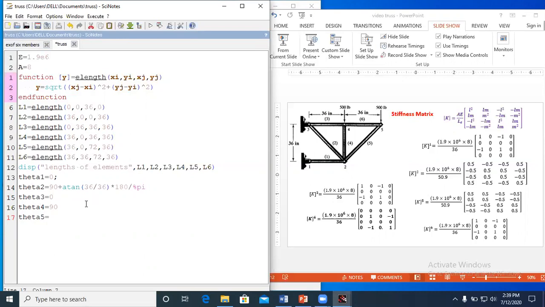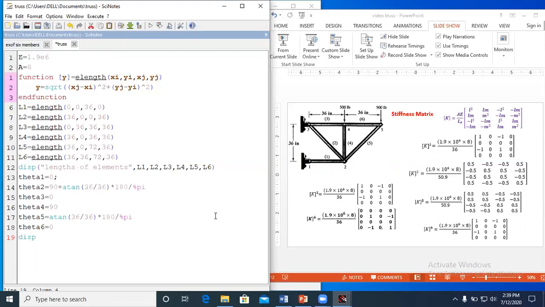It is again this, tan inverse of 36 by 36. Now it is making an angle with the horizontal, so there is no need to add the 90 degrees here. Next, theta 6 equal to again 0. Now I will display the angles.